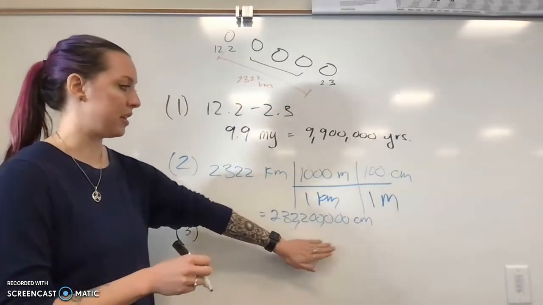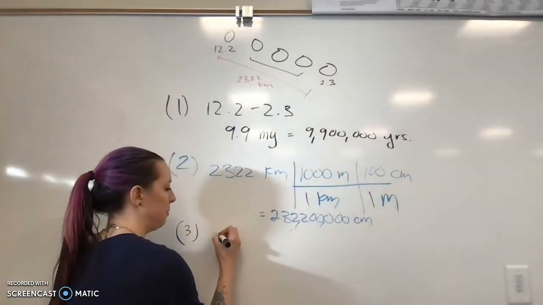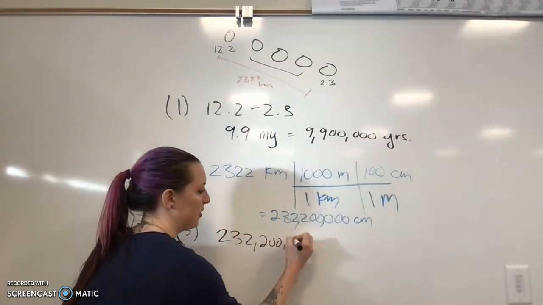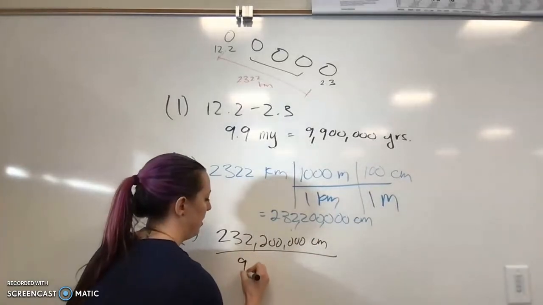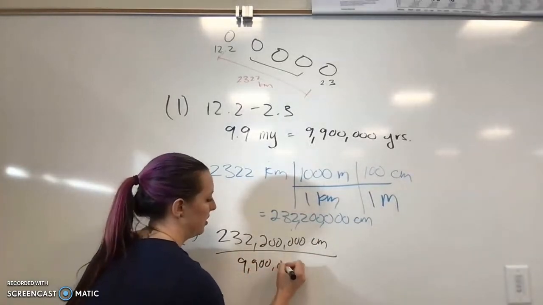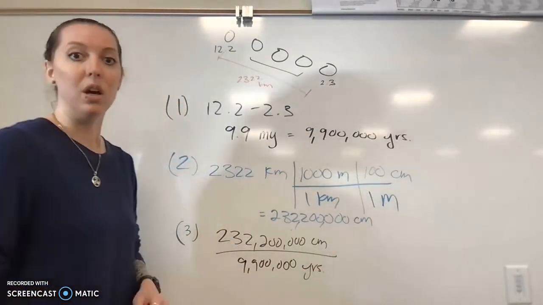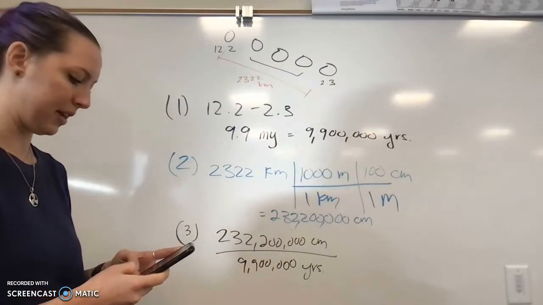So we would have the centimeters in our numerator and our years in our denominator. Written out would be 232,200,000 centimeters per 9,900,000 years.